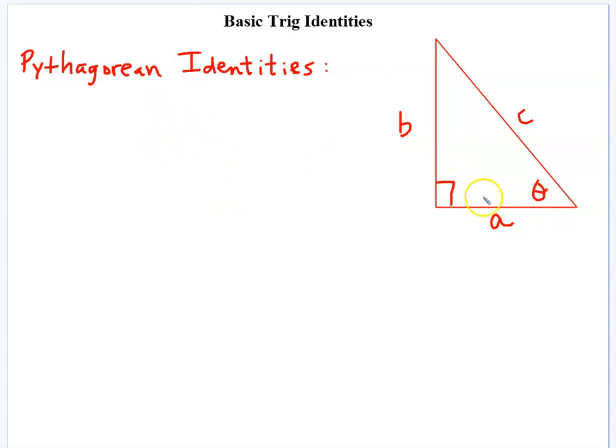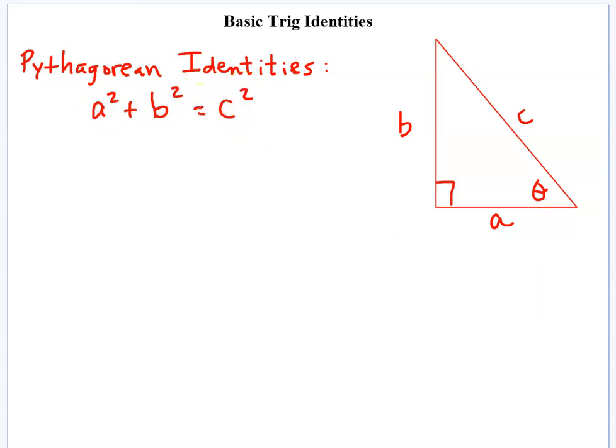So to begin with, if you're wanting to derive these yourself, just make yourself a right triangle and place theta in either one of these acute angles. Really doesn't matter which. So in my example, of course, I've got theta down here in the bottom right. And since these are Pythagorean identities, they are derived, you probably guessed it, from the Pythagorean theorem.